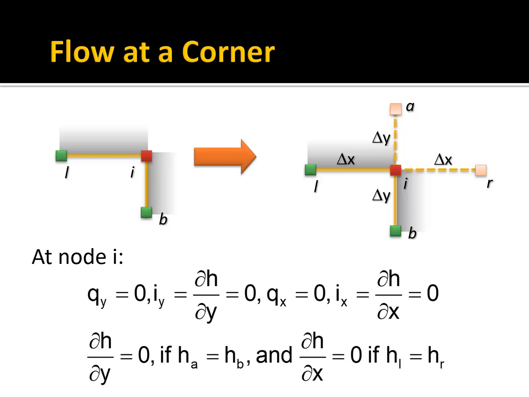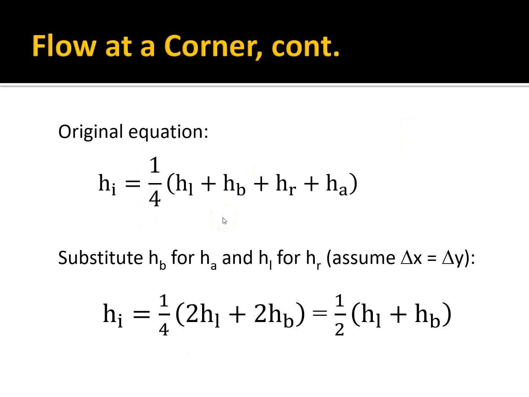So again, we go back to here. For node I, we get 1/2 of node L plus 1/2 of node B. And that's it. That's our governing equation. Again, it ends up being something that's really simple.